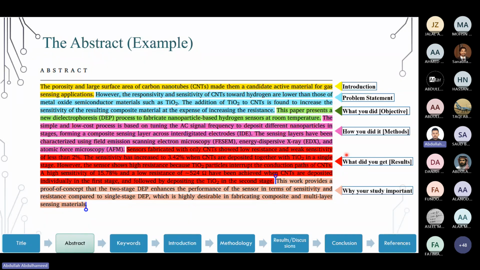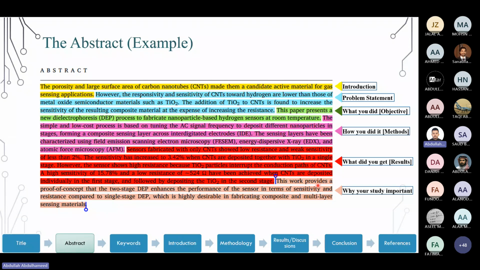After you finish with the results, you move to the last part, which they call the closure, or some people call the conclusion, or some people call the significance. Why is your study important, or why does the scientific community or researcher actually want to know about your result? Then you say, this work provides, for example, proof of concept, or maybe you can mention these results can be good for something.